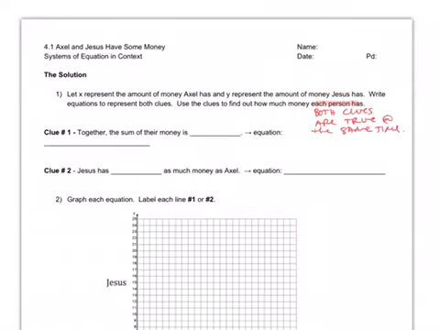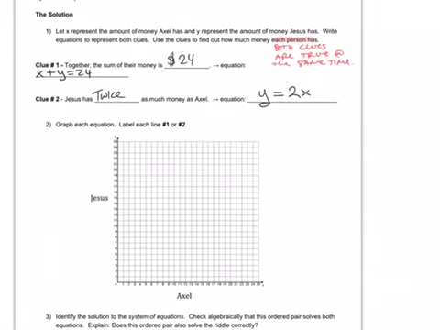Okay? So together the sum of their money is $24, and the equation was x plus y equals 24 for that clue. And Jesus has twice as much money as Axel, and the equation for that was Jesus would be equal to 2 times Axel. Okay? I'm going to do clue number 1 in red.